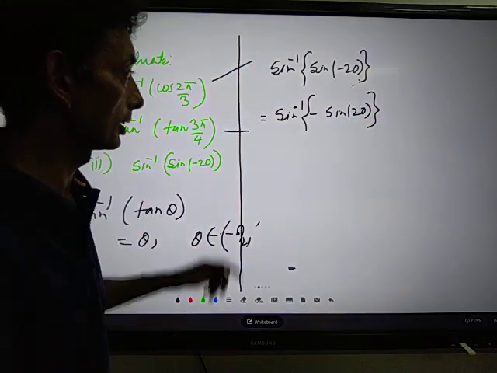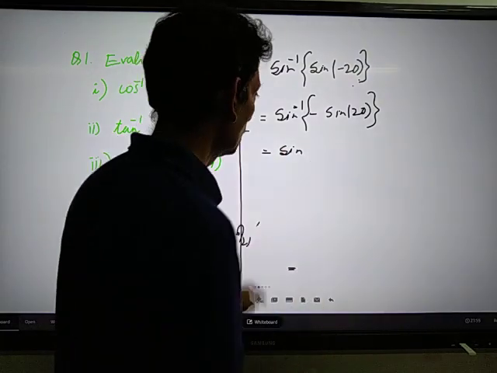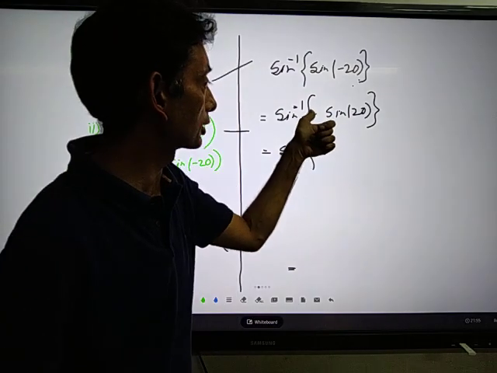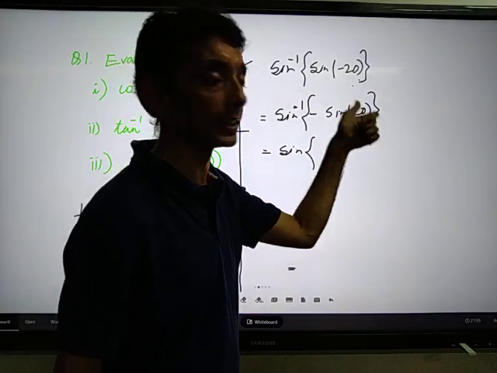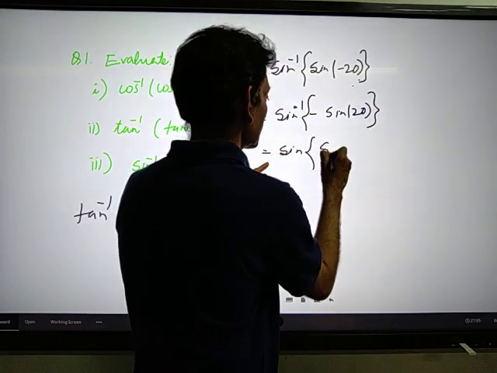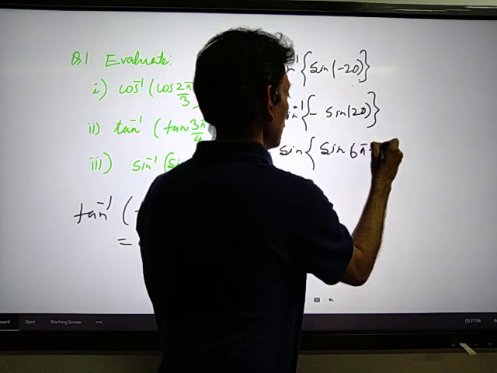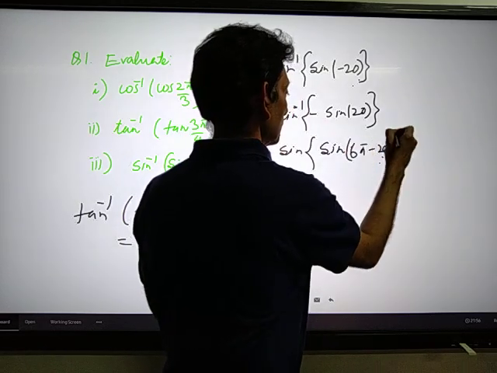Minus sine 20. Next, can you write this value? Remember, it's minus sine theta, and here the value is sine 20. So can you write this as sine of 6 pi minus 20?